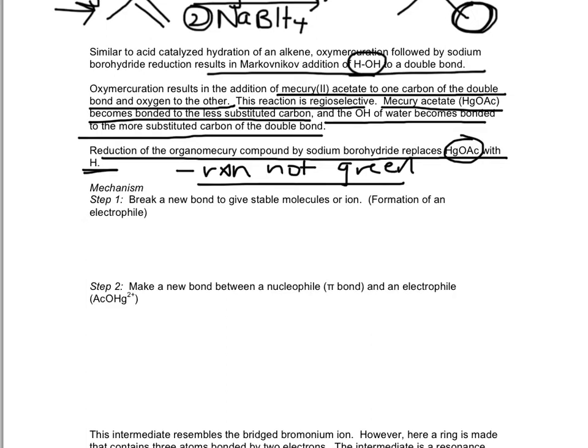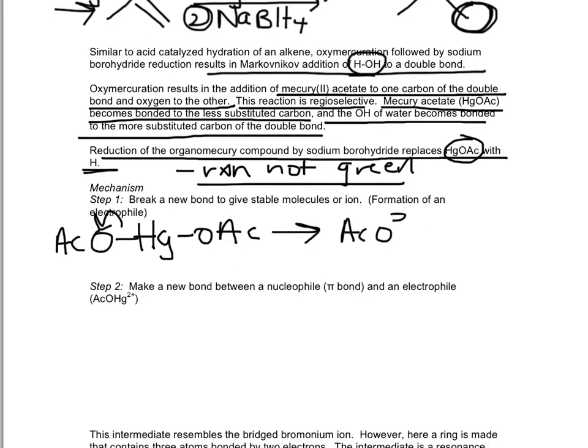So the first step of the reaction is to dissociate the mercury acetate. What this does is leave us with a negative acetate anion, and now we have generated our electrophile.